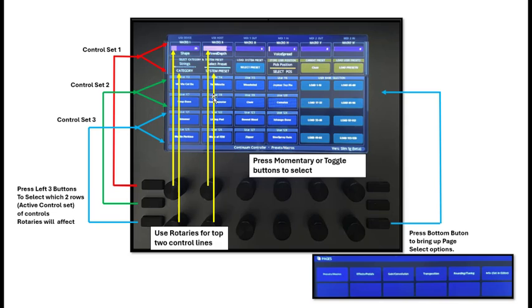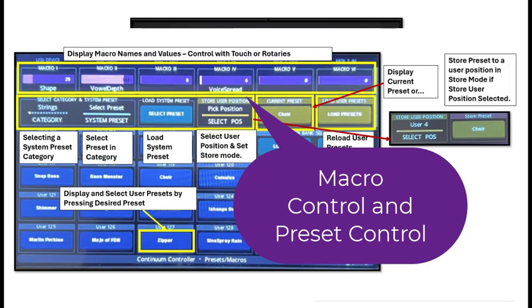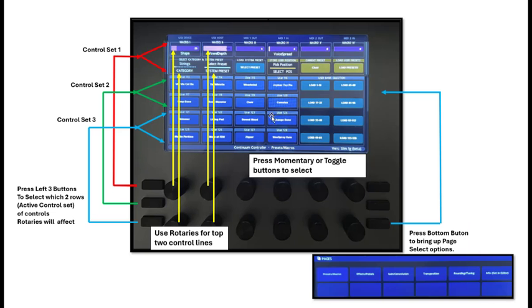Now a little bit about the use. Of course you know how to use your Electra One already, I assume. Most of this application is only going to use the left 3 buttons so that you can change your control set. The way this is set up, on the main page, the top 2 rows of control set 1 are used for your macro interface changes and preset changes, selection, storing, etc. The bottom 2 control sets on the main page are used for selecting your presets.